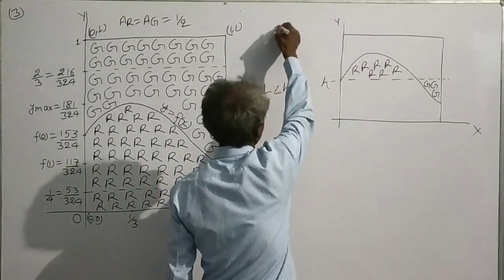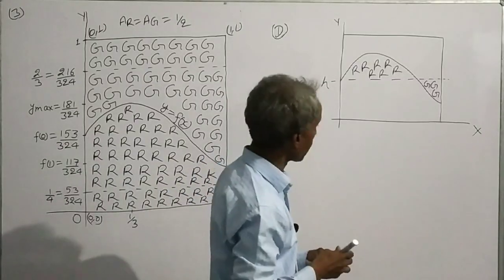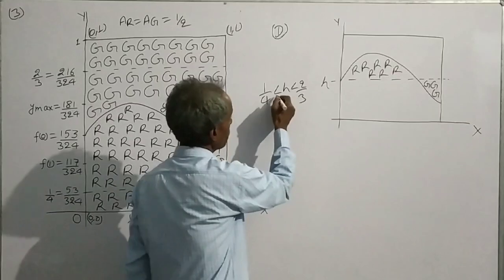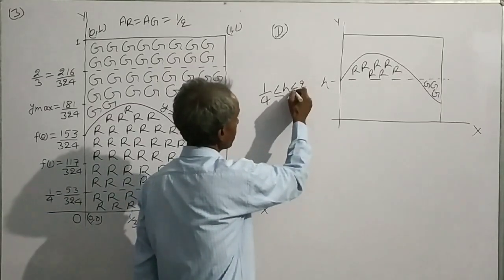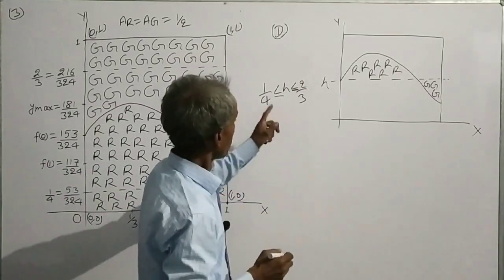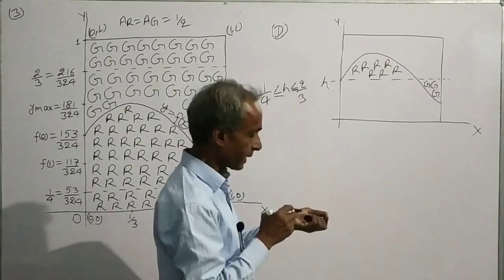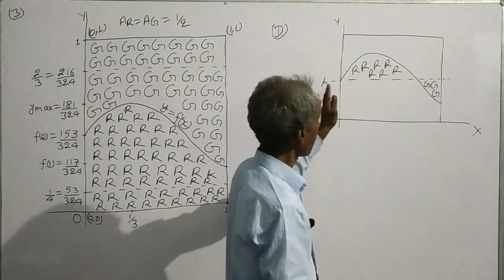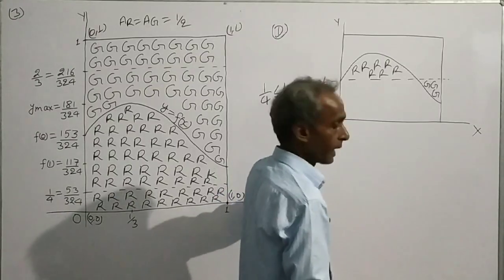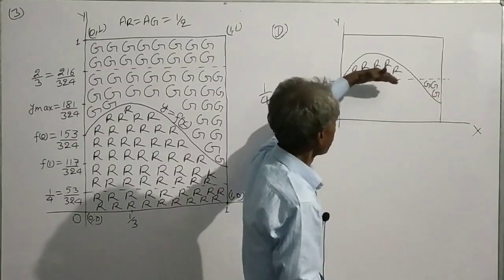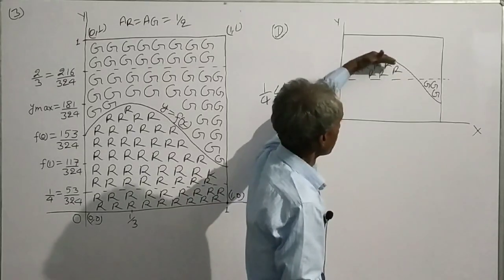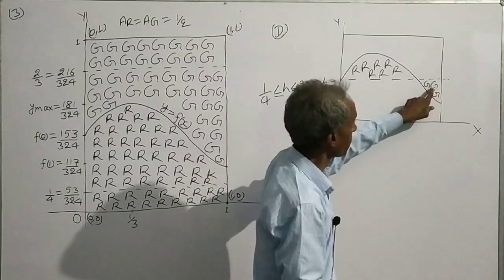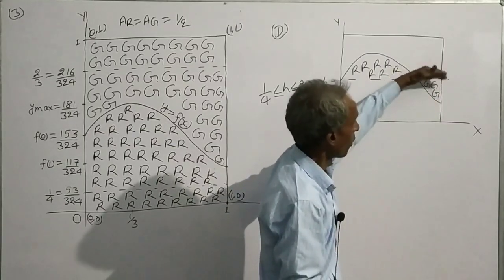In option D, it is said that a height h lying from 1 by 4 to 2 by 3 exists, such that when we draw a horizontal line at a height of h, then the area of the red region above this horizontal line is equal to the area of the green region below this horizontal line.